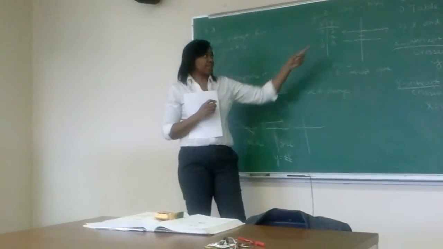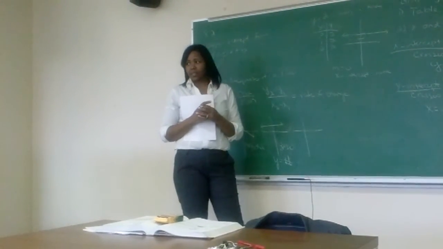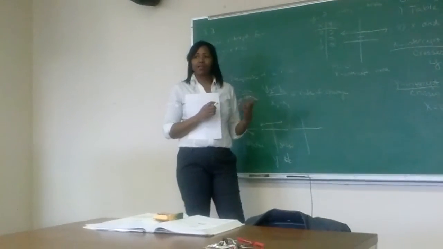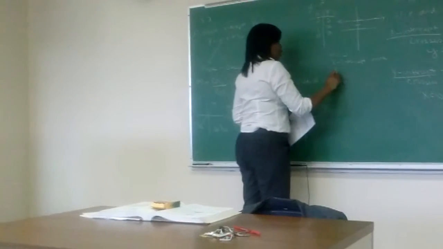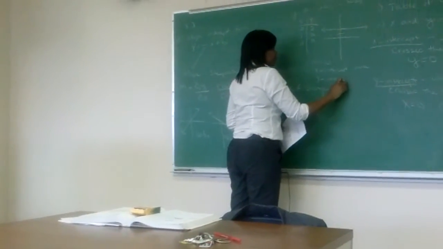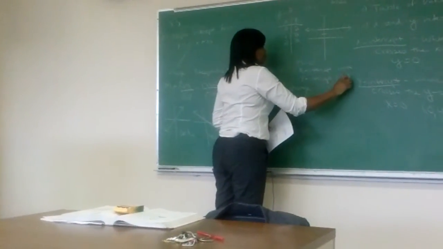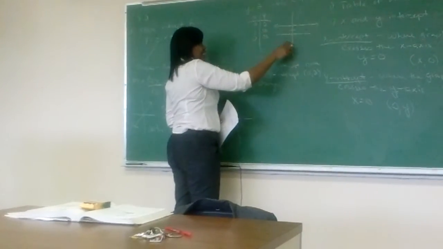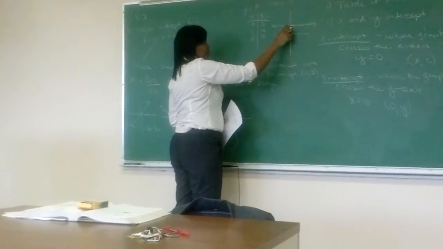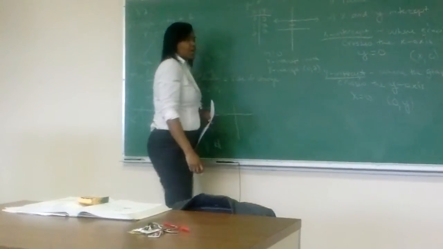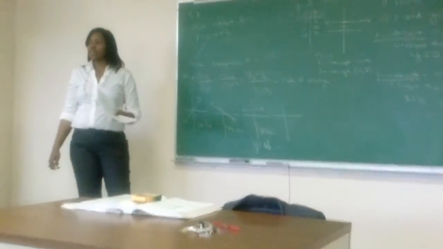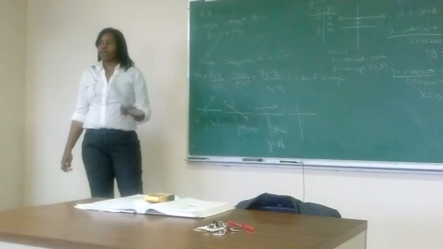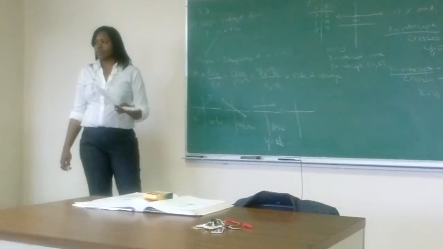How about the y-intercept? The y-intercept is 2. It crosses the y-axis right here at this point, and that point is 0, 2. So it's not necessarily that a graph has to have both an x- and a y-intercept. And you have to pay attention to whether the slope is 0.